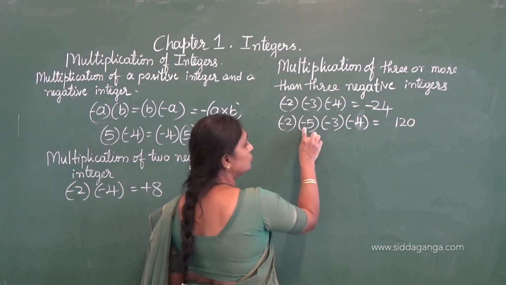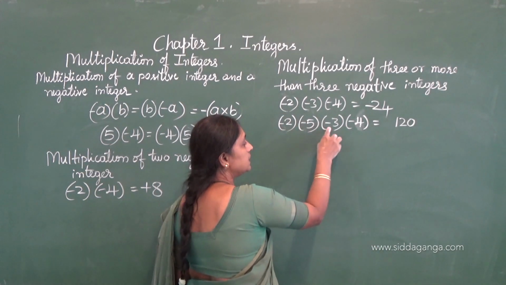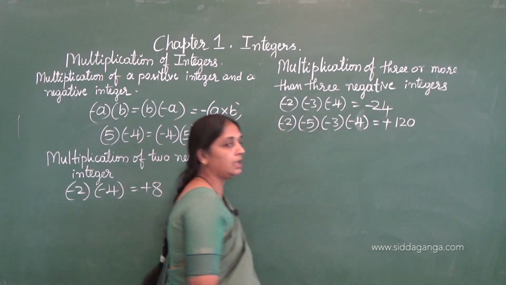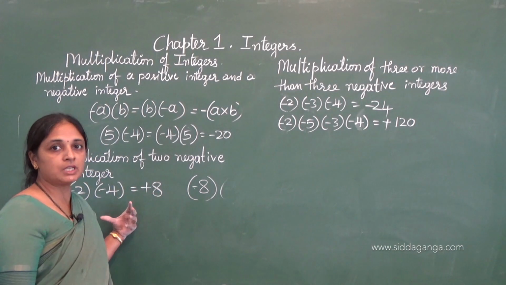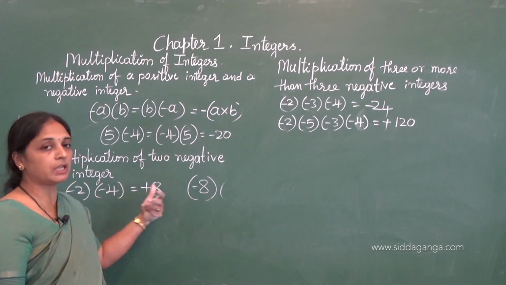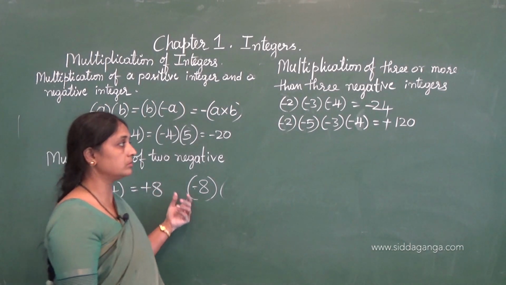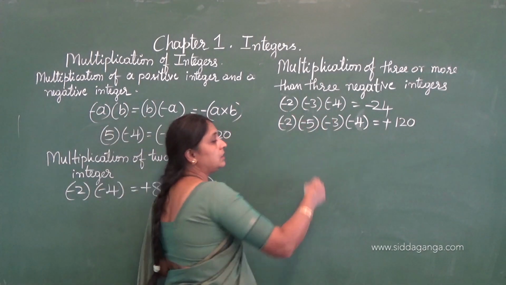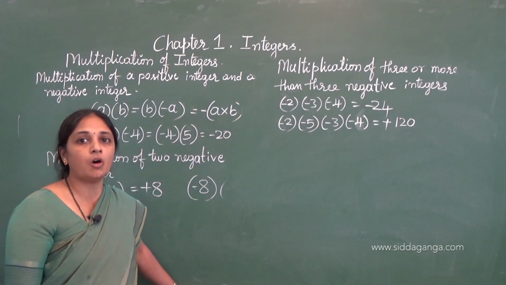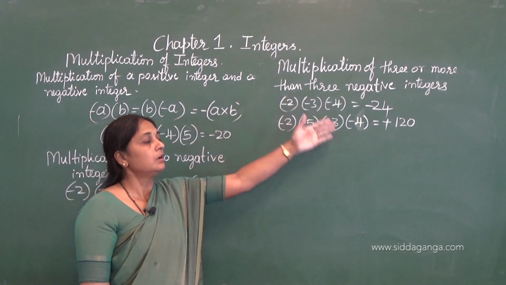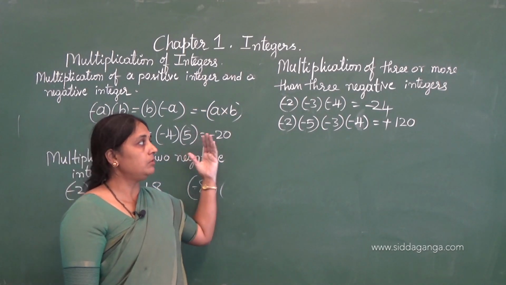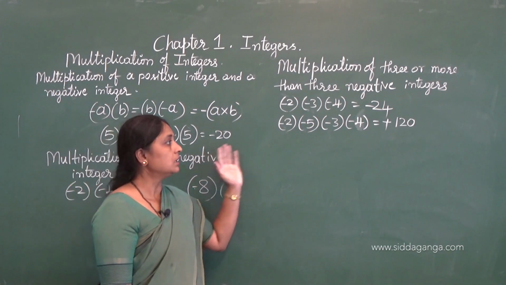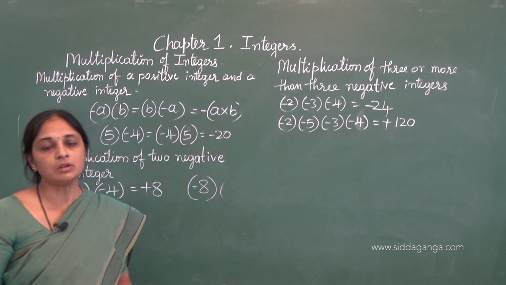Then minus into minus is plus, plus into minus is minus, minus into minus is plus. Again, what we have seen in the second case, the multiplication of negative integers: when we take an odd number of negative integers, we get a negative sign. When we take an even number of negative integers, we get a positive sign.